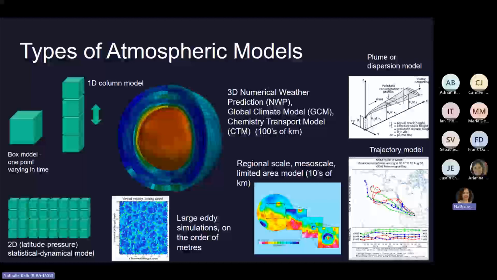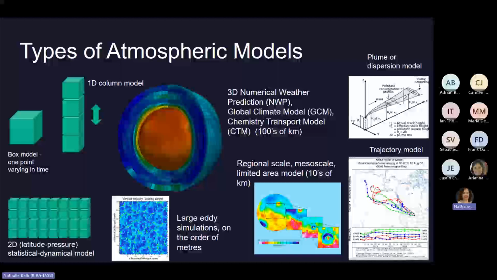So you can use regional scale or mesoscale models on the order of tens of kilometers to look at processes that are like slopes, winds on slopes and things like that. And one of the reasons sometimes, so you can run mesoscale tens of kilometers on the whole globe if you're very patient, but often we just use a subset of the grid. And if you can imagine this crater here, the wind is going to blow across it, so you need to provide boundary conditions so you have a larger scale model in the background.